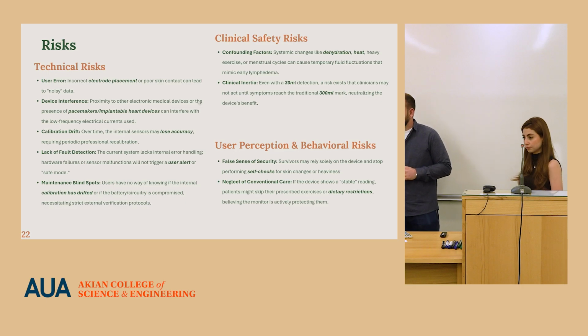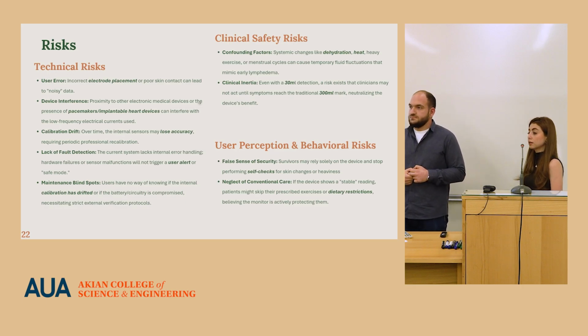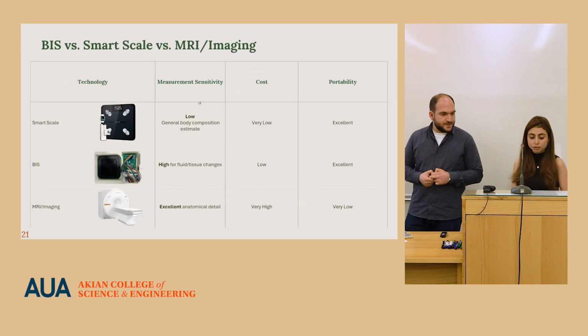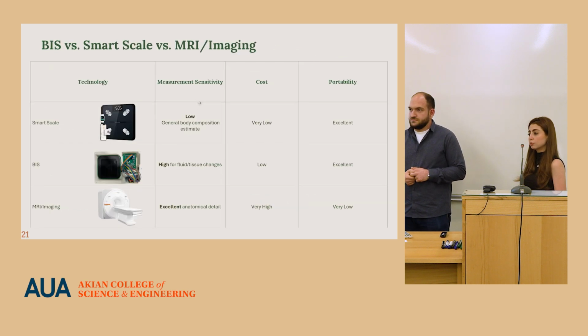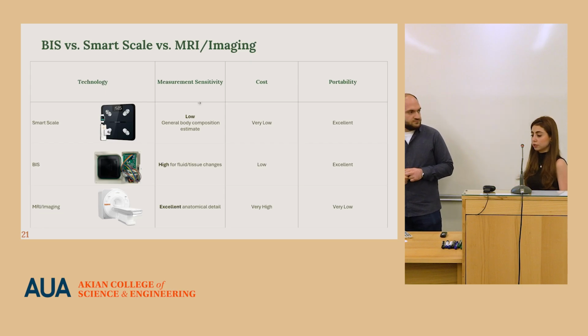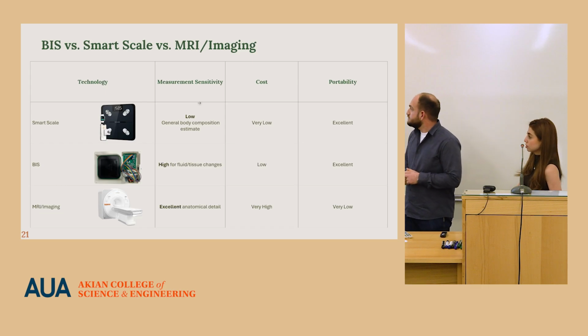And also, you mentioned one of the existing devices is using statistical data. That is the smart scales, because they are based on a single frequency, which cannot give precise information because it works on one frequency range, and they are using statistics.